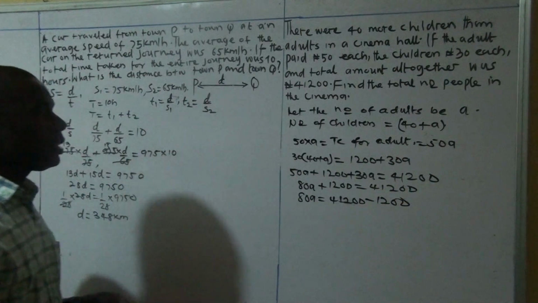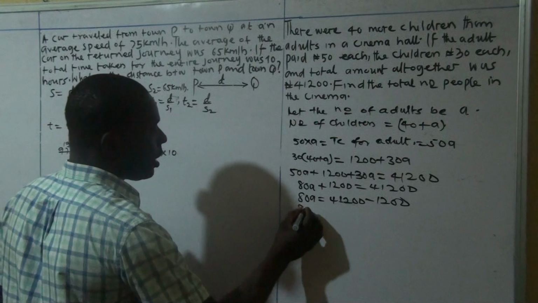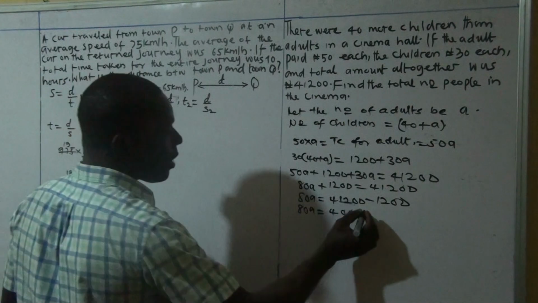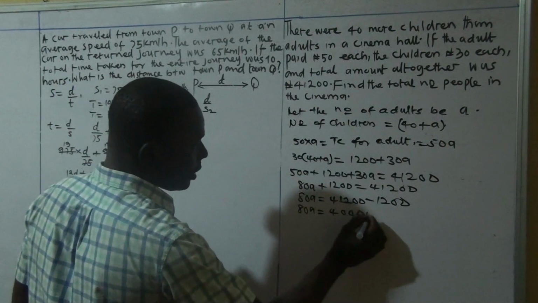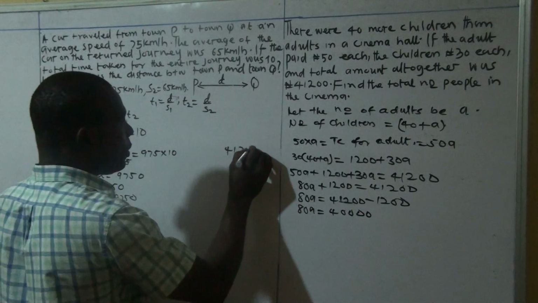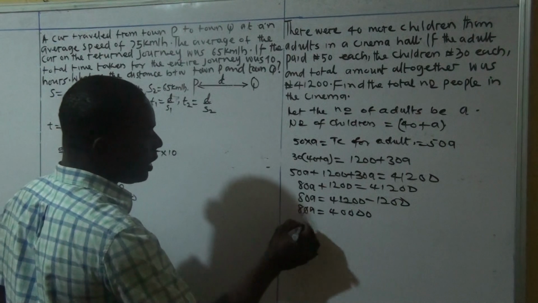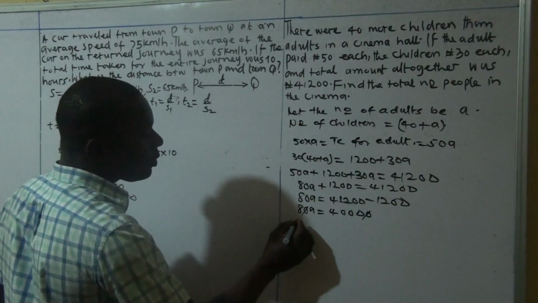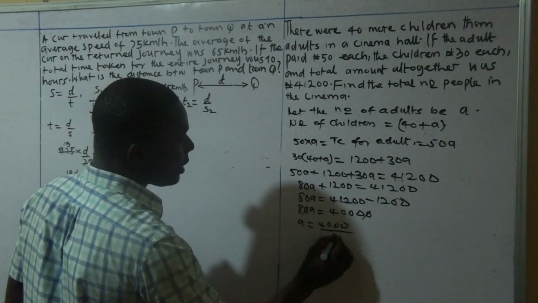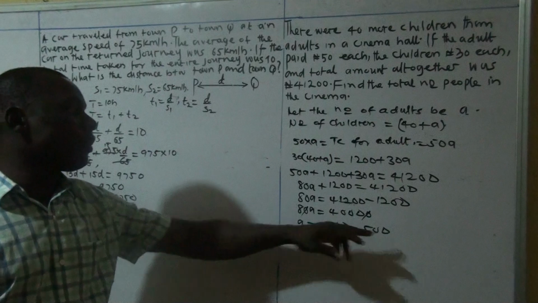By the time we deduct 1,200 from 41,200, we'll be left with 80A is equal to 40,000. So this divided by this, we have A is equal to 4,000 divided by 8, and that will give us 500. So the number of adults is 500.